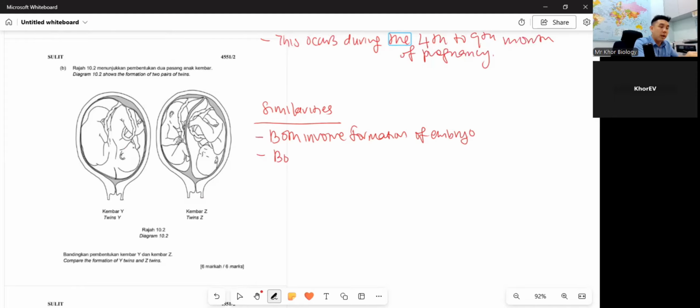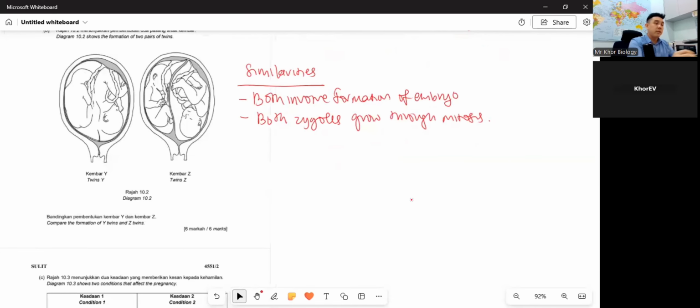Both zygotes grow through mitosis. And then we have Y and Z. We can name them.